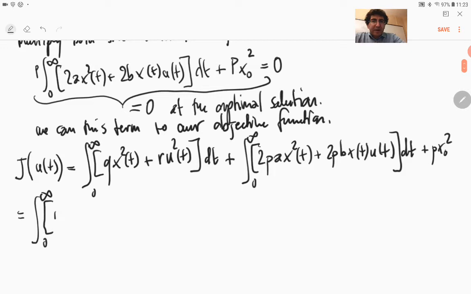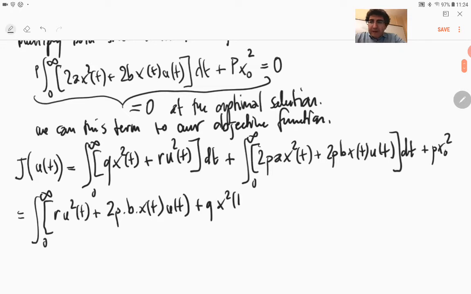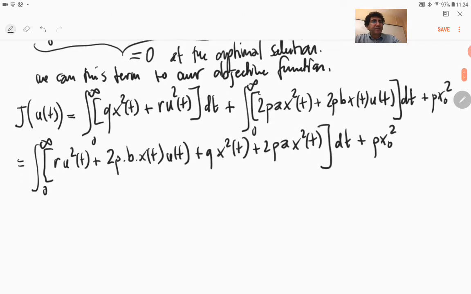So we have r u squared of t plus 2pb x of t u of t plus q x squared of t plus 2pa x squared of t dt, plus px0 square.